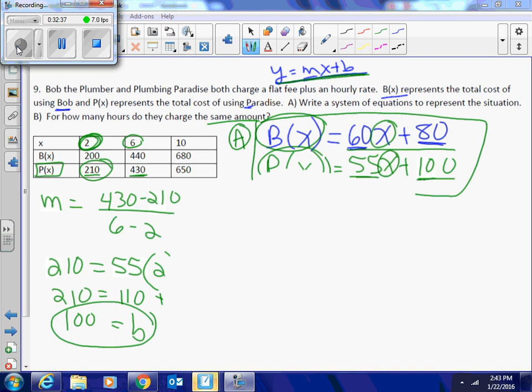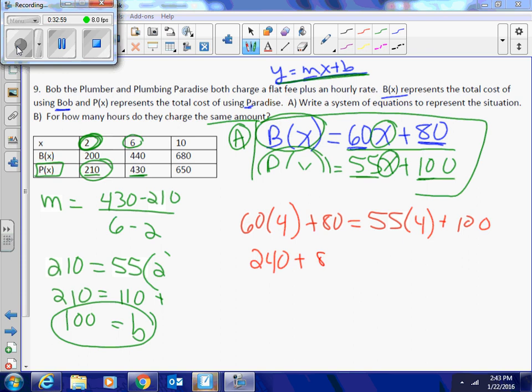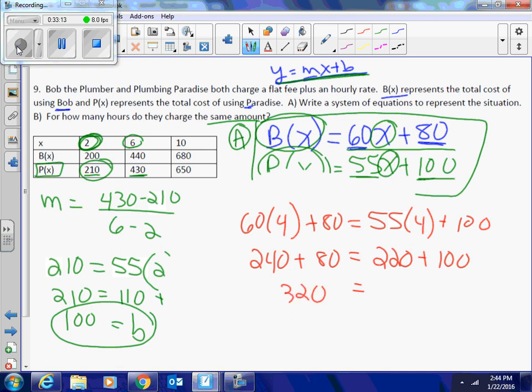So let's plug in 60 times 4 plus 80 and hope that that equals 55 times 4 plus 100. Well, 60 times 4 is 240 plus 80, and 55 times 4 is 220 plus 100. 240 plus 80 is 320, and 220 plus 100 is 320.